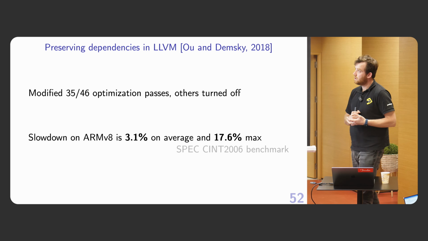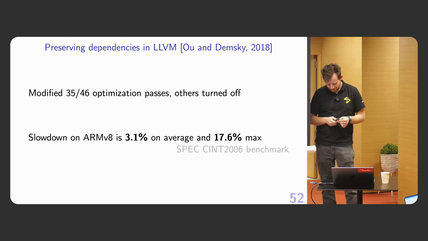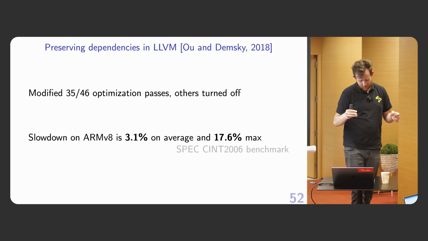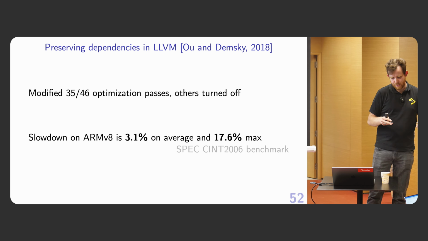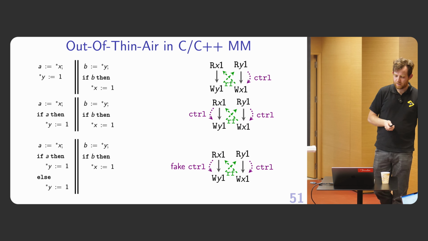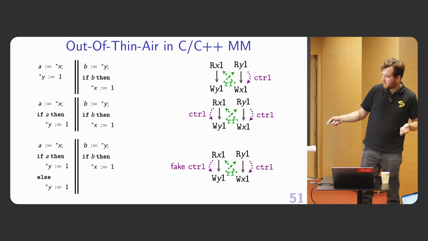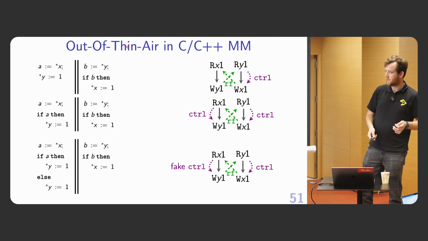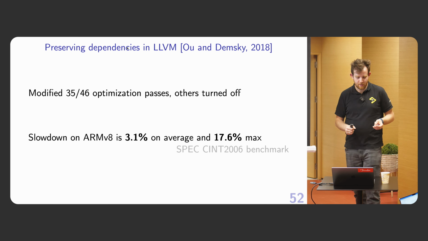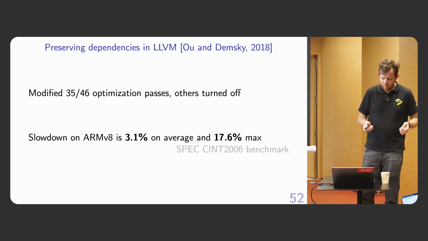The idea is that if you don't want to preserve this order between reads and writes, instead you could preserve these syntactic dependencies, like we did with hardware, right? So you could forget about this fake word and consider any dependencies as true ones. The colleagues modified LLVM to do so.